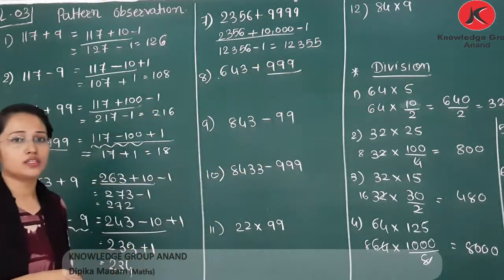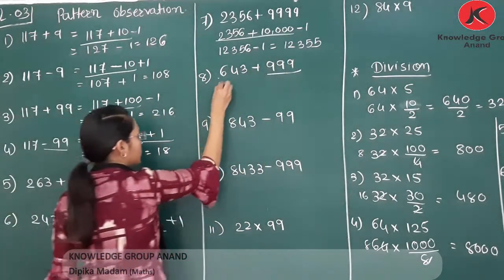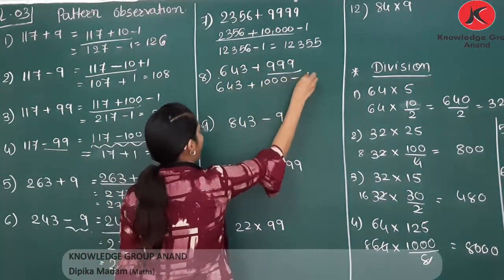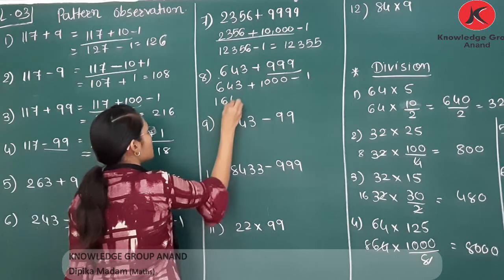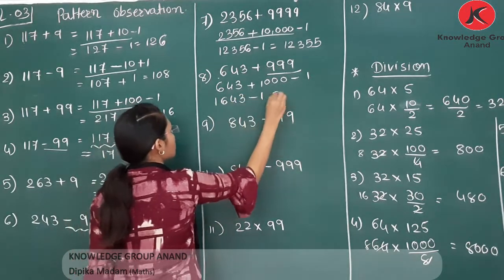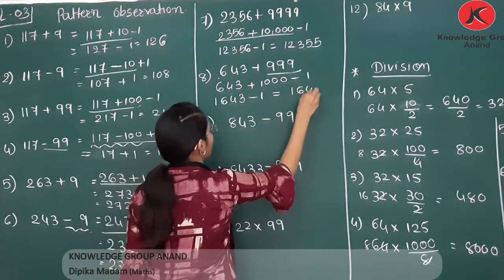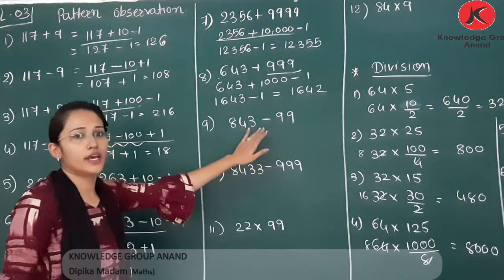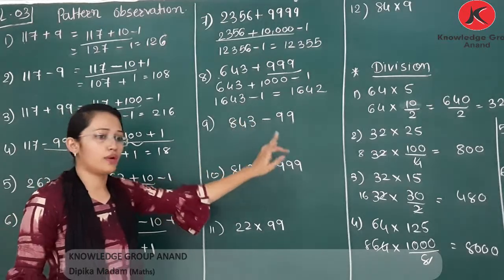999 can be written as 1000 minus 1. So 643 plus 1000 minus 1, it is 1643 minus 1. So it is 1642. Now minus 99 is there, it is written as minus 100 plus 1.